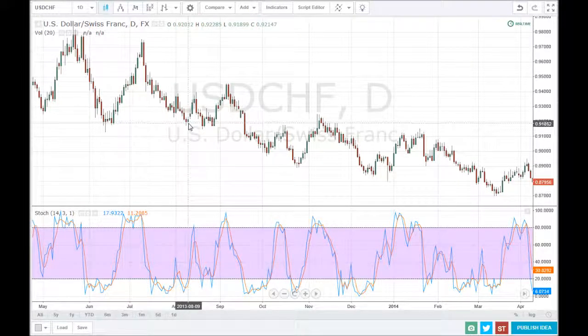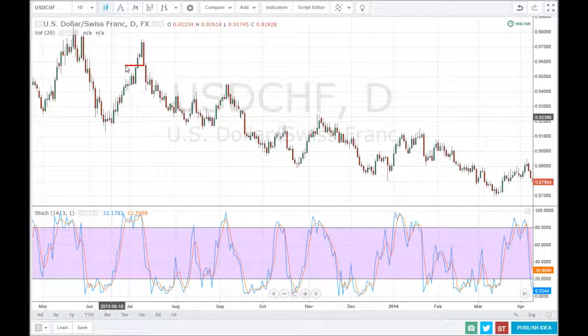So if we're looking to join this trend, it may be that we've seen this push on the downside, we have this pullback, so we have a clear engulfing candle, and at the close of this engulfing candle, both of our lines on the stochastic are showing overbought, that price could potentially fall on the downside, and that's what we want. And then price does fall on the downside.